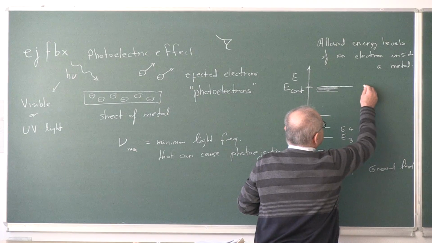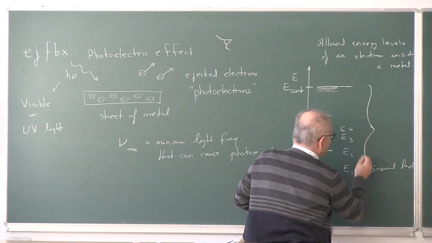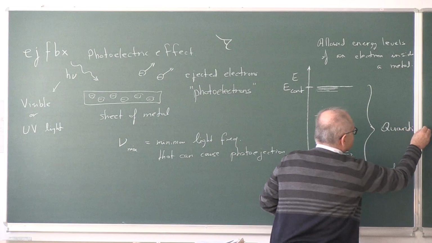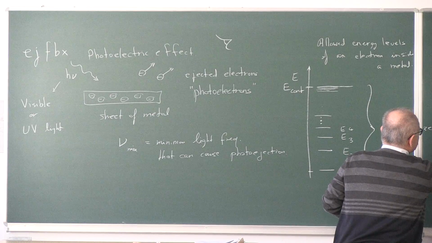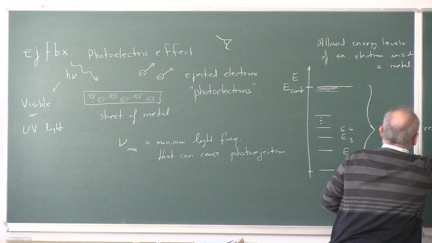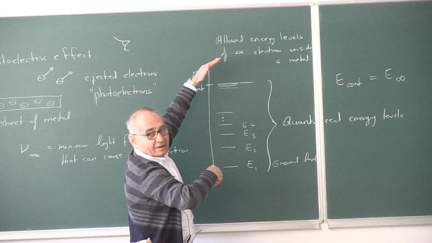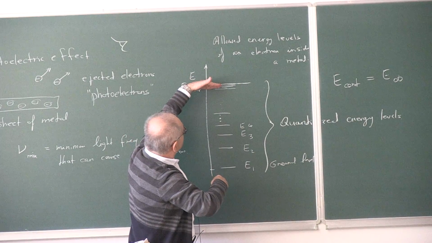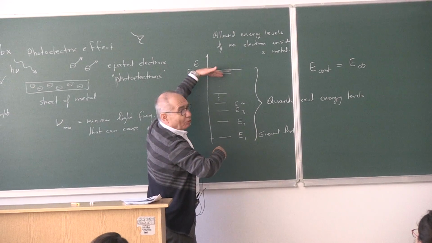This is the quantized energy levels. Of course, there is no upper limit for the possible energy of the electron. The energies after this E continuum are all continuous.